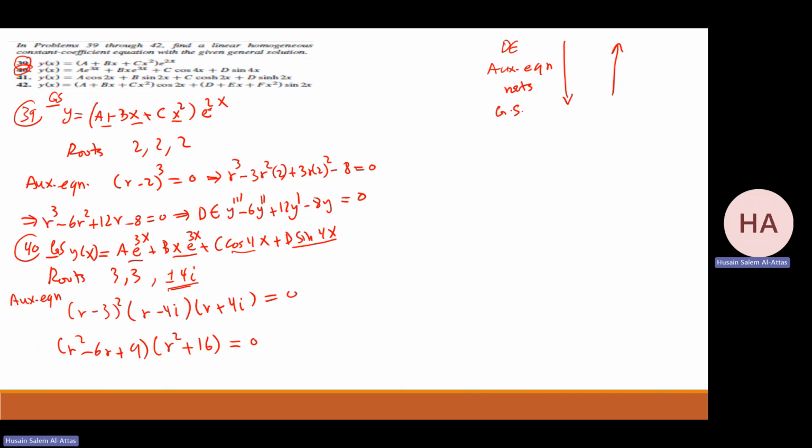That gives me what? r to the power 4. What gives me r cubed? Minus 6r cubed. 9r squared plus 16r squared, plus 25r squared.